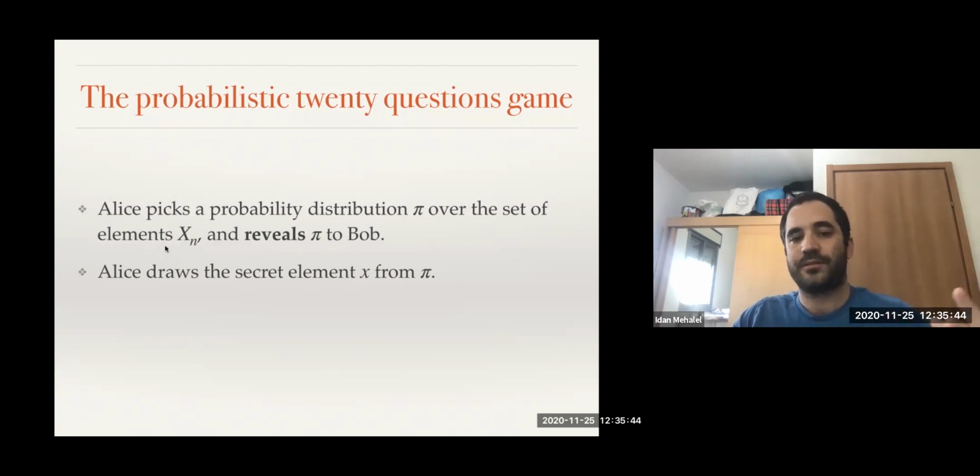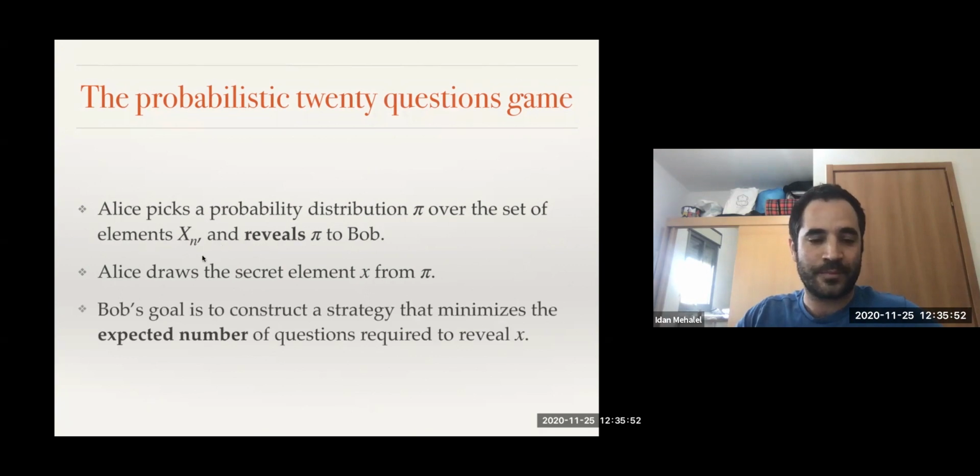So she doesn't just pick an element, she draws it directly from the distribution pi that Bob knows. And now Bob's goal is to construct a strategy that minimizes the expected number of questions required to reveal X. So if they play a lot of games with the distribution pi, the average number of questions will be minimized. That is Bob's goal.